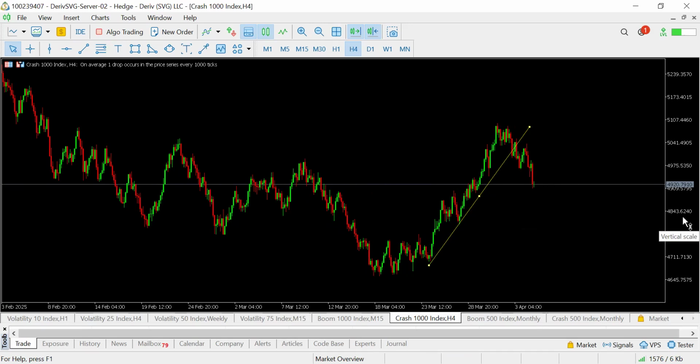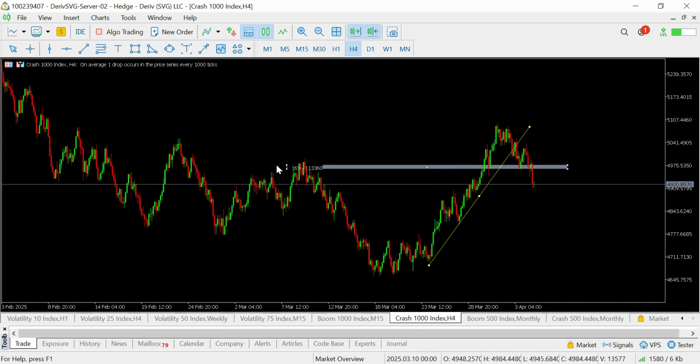This is for those that would be trading in the lower time frame. The trend line has been broken, and a support point has also been broken.